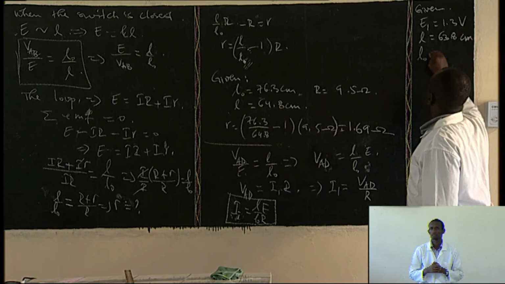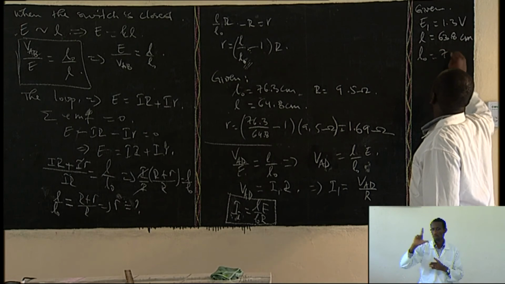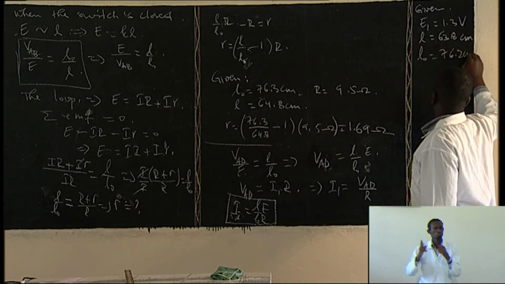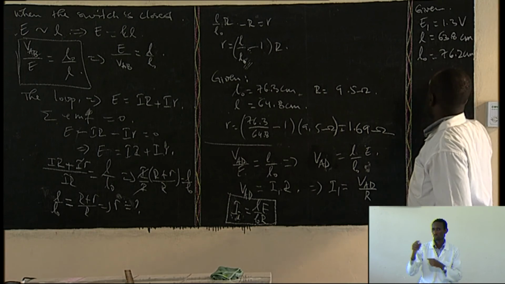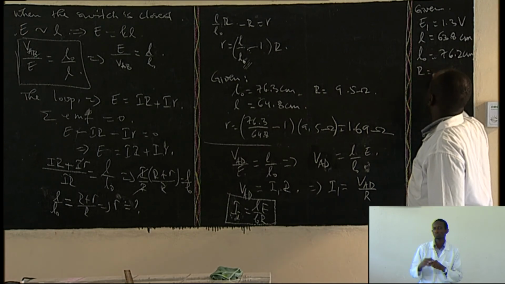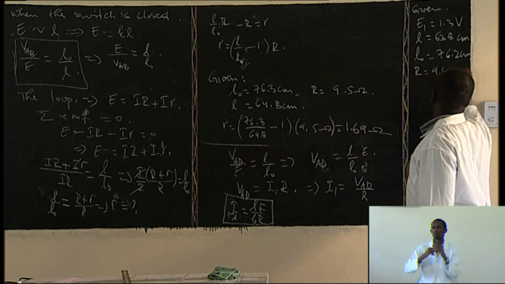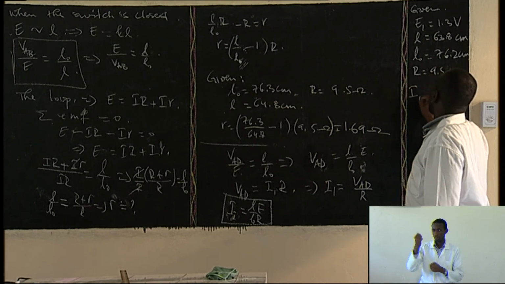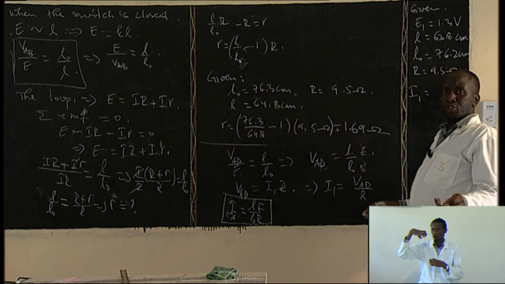Then L0 equals 76.2 centimeters. If we use the resistance 9.5 ohm, then we can find the current. The current here will be equal to, let's substitute immediately.